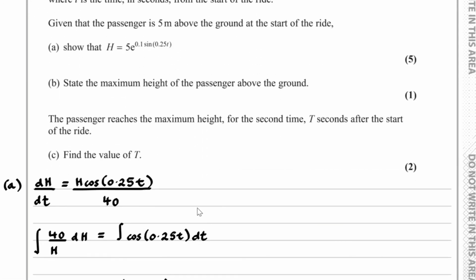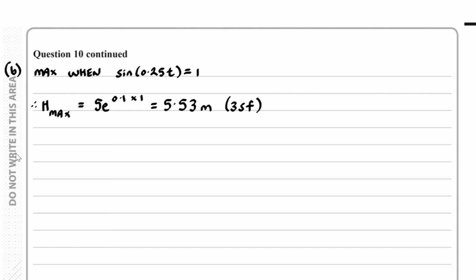And then for part C, the passenger reaches the maximum height for the second time 2 seconds after the start of the ride. What we have to do is find the value of t. So for part C, the maximum of sine of 0.25t equals 1. Well, we know regularly, if I draw the graph of sine, we've got a maximum here at pi over 2.